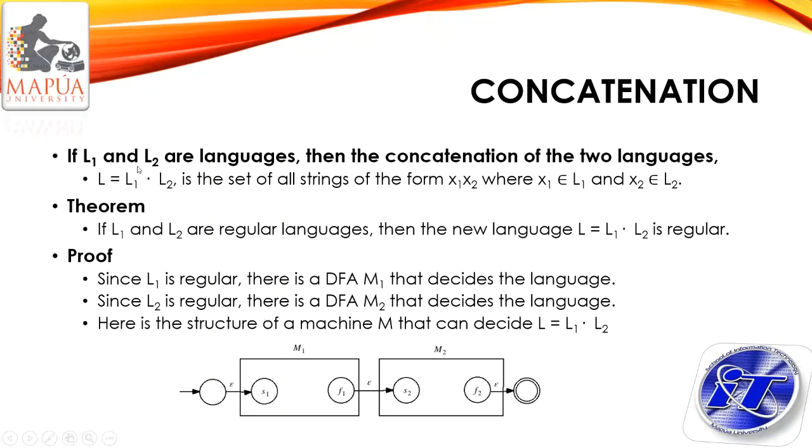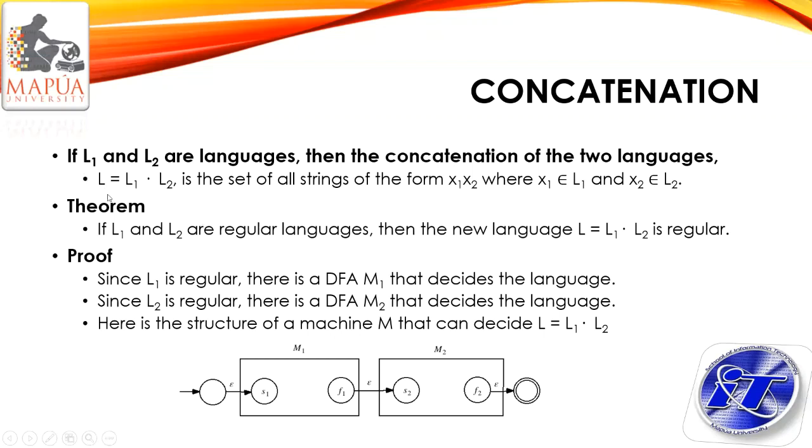If L1 and L2 are languages, then the concatenation of the two languages, the new language L equal to L1 concatenated with L2, is the set of all strings of the form x1 x2, where x1 and x2 are elements of L1 and L2 respectively. There should be an x1 and an x2 to form our new string.